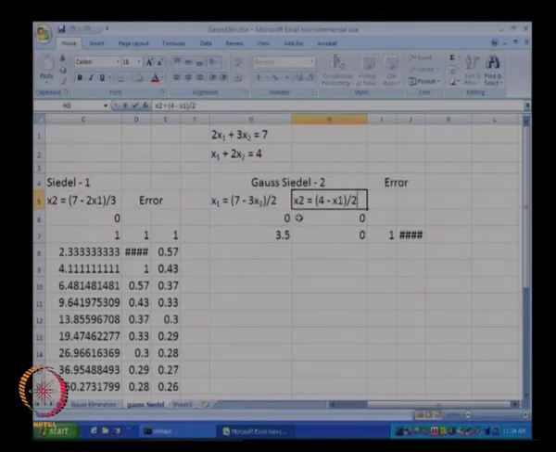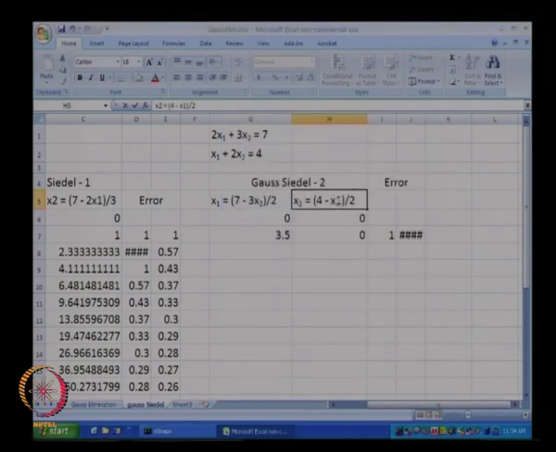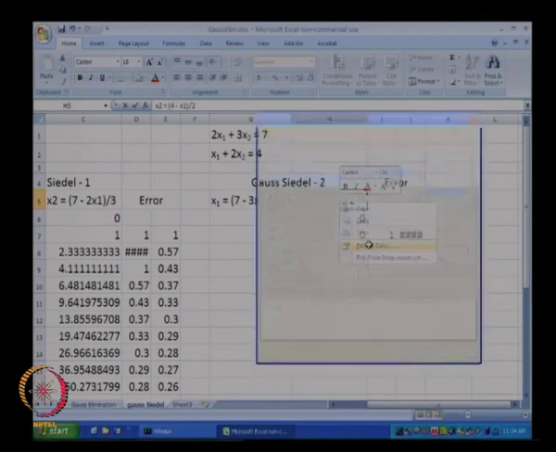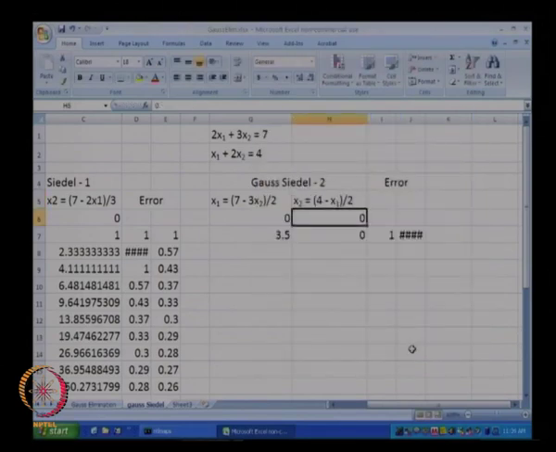Again, this is in order to avoid confusion. Okay. And our x2 is going to be equal to 4 minus x1, and again the x1 is going to be the new value x1 divided by 2.